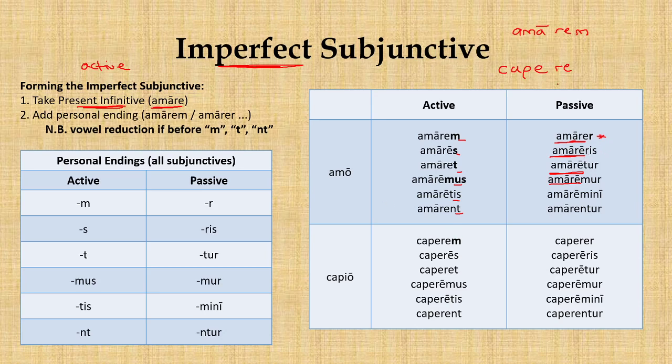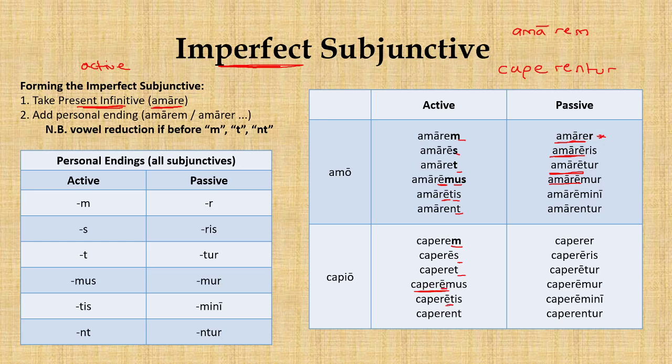And notice as well, it's the same thing for capere. It's just the endings attached right along with the present active infinitive. Notice in a couple places as well, the E of the infinitive is actually lengthened. So that is kind of an interesting change.